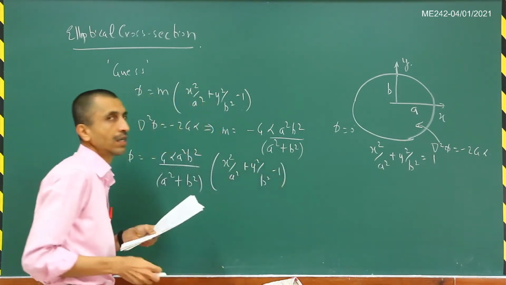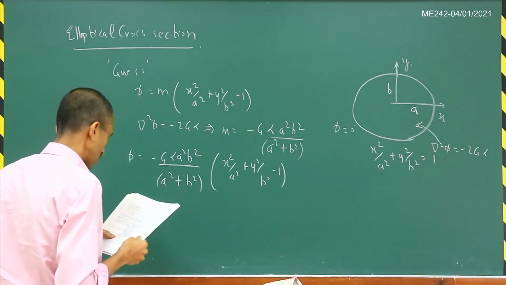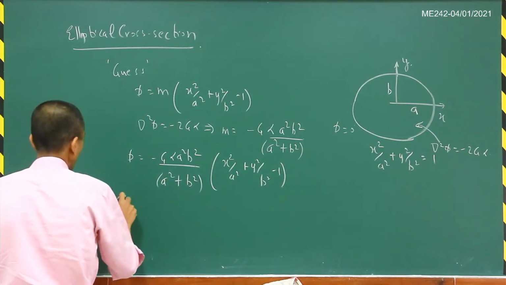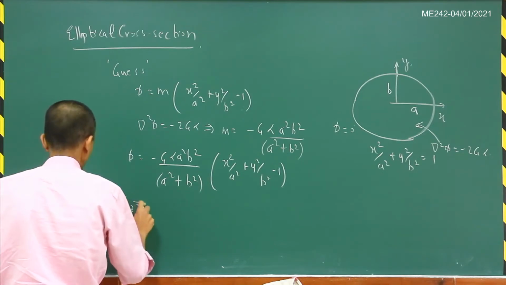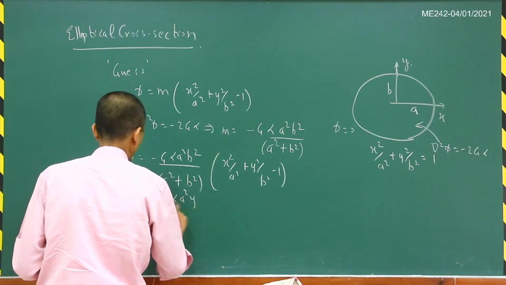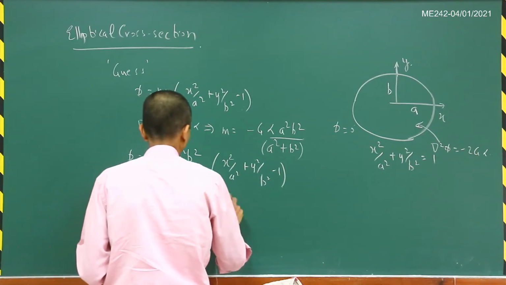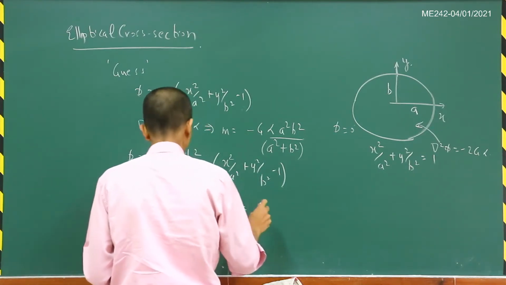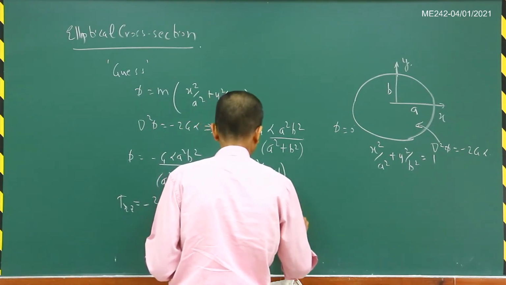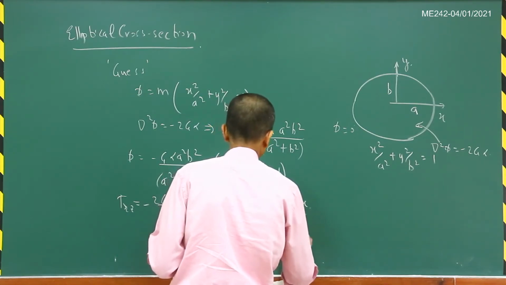This is the Prandtl stress function, and the non-zero stress components associated with it are tau xz equal to minus 2g alpha times a square y divided by a square plus b square, and tau yz equal to 2g alpha times b square x divided by a square plus b square.